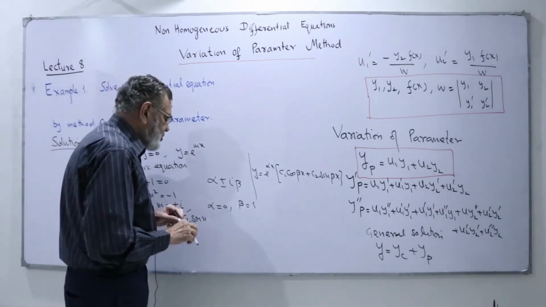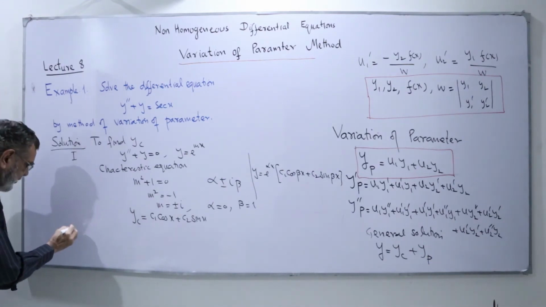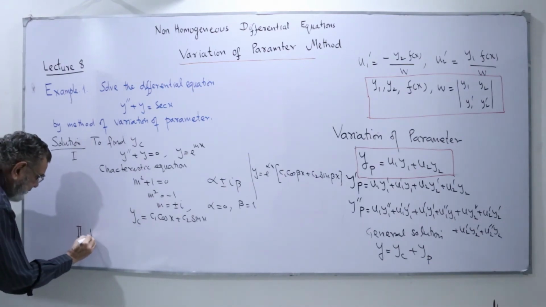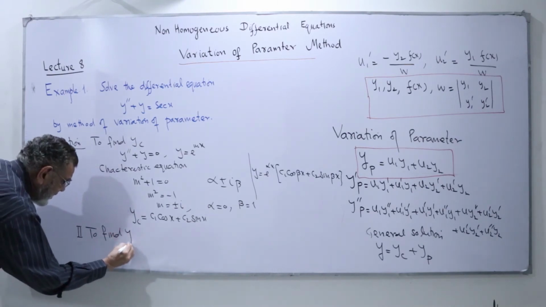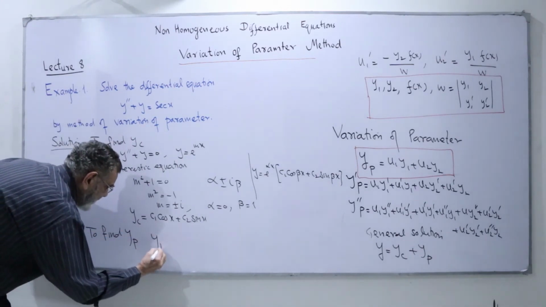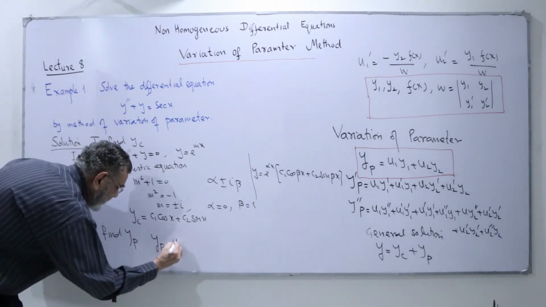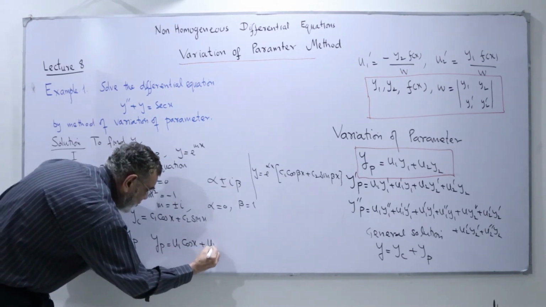So this is the value of yc, part 1 of my solution. Part 2, we want to find yp. To find yp, we are going to use the method of variation of parameters. For this one, we have yp equal to u1 y1 plus u2 y2.